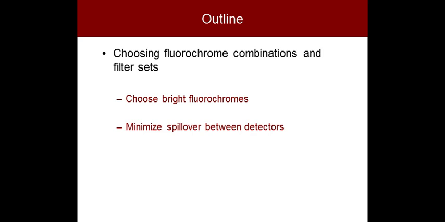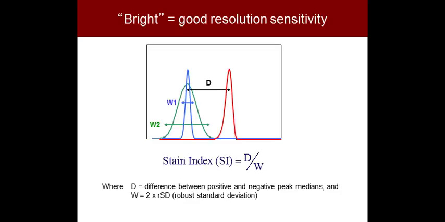I'll get to an example like that a little later in the talk. So those are the two rules about your instrument and which fluorochromes and which channels you want to take advantage of when you're doing a particular experiment. Now, I've used the word bright already, and this is a word we throw around a lot, but we should define it. What do we mean by bright?